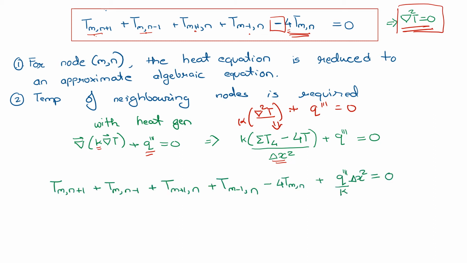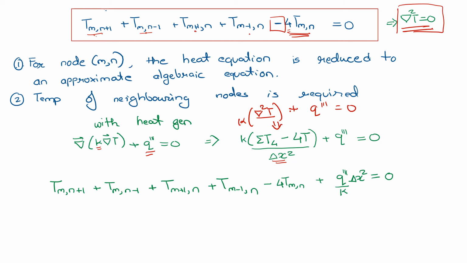So this makes our equation T(m, n+1) + T(m, n-1) + T(m+1, n) + T(m-1, n) - 4 T(m, n) + Q triple prime delta x square by K.